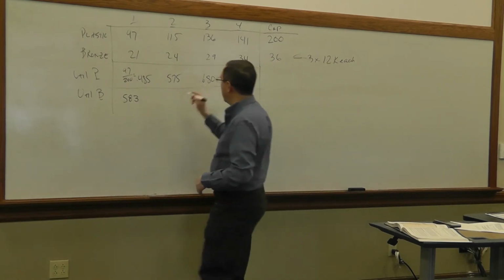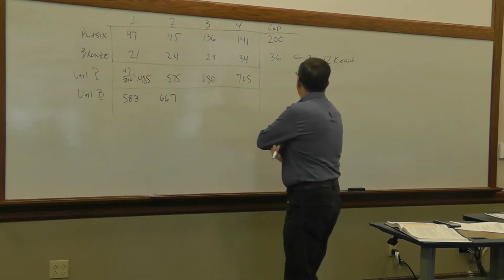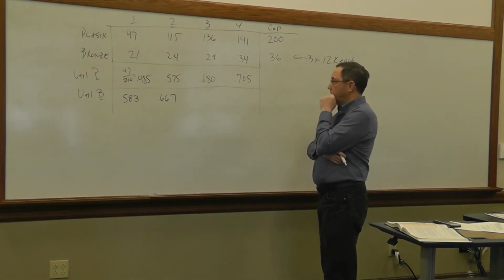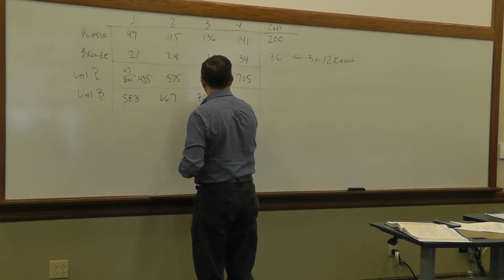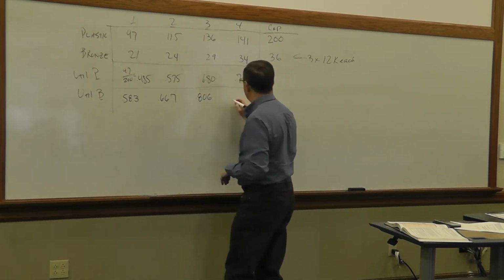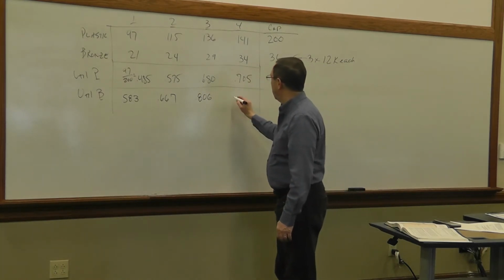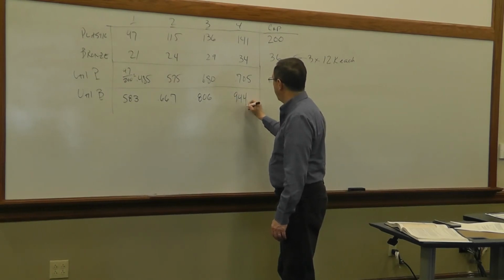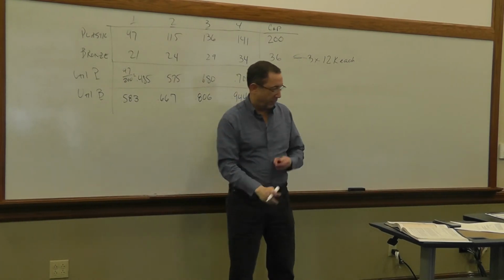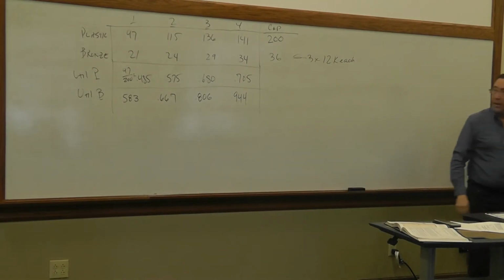Yeah, 2/3. 0.667. The next one, 0.80555, we'll call it 0.806. Finally, we're getting 90 something here. 0.9444, 0.944. Okay. So crunching them is what you know how to do, a piece of cake.